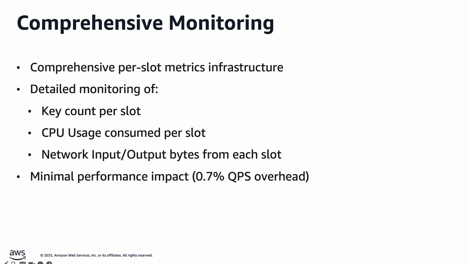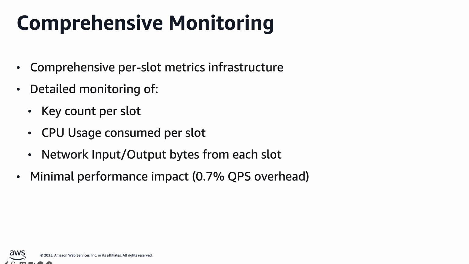Valkey 8.0 now provides per slot metrics via the CLI command, CLUSTER SLOT-STATS. This gives detailed stats for each of the 16,384 hash slots, which includes command counts, latencies, key movements, and cache hits and misses.